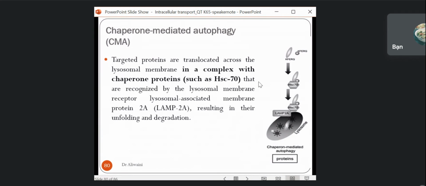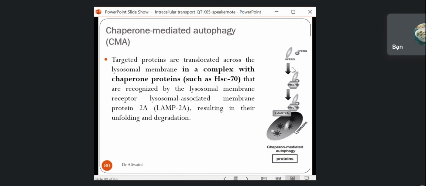These complexes are recognized by the lysosomal membrane receptor LAMP2A, that means lysosomal-associated membrane protein 2A. So these complexes stay on the membrane of the lysosome, and whenever they recognize this protein complex, they will push the complex into the lysosome, resulting in its unfolding and degradation.